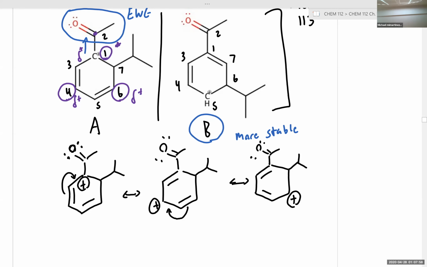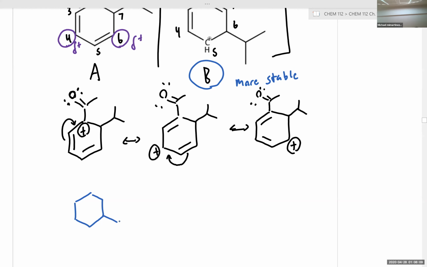Let's look at carbocation B, and let's try and see whether our carbocation is more or less stable. So just like before, we're going to push our electron density around the ring. And this is important that you draw your resonance structures.